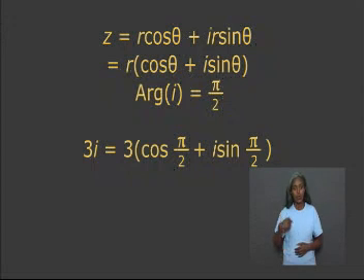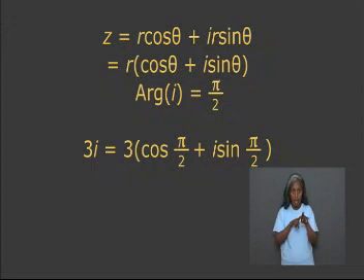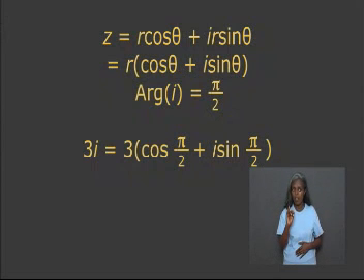Hello again. Here is the formula for a polar representation. We have also learned that the principal argument of iota is pi over 2.